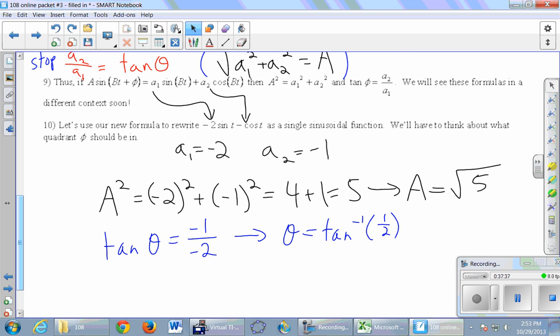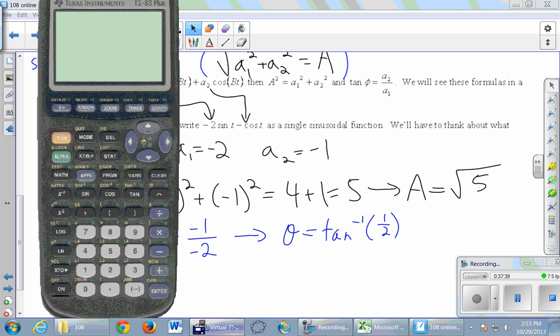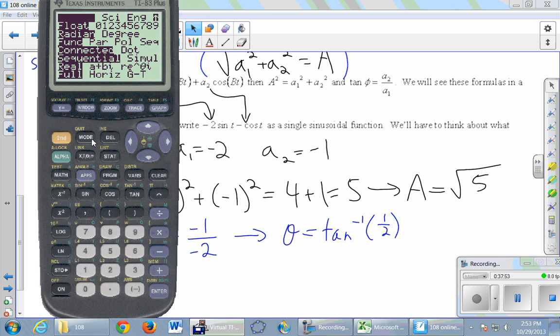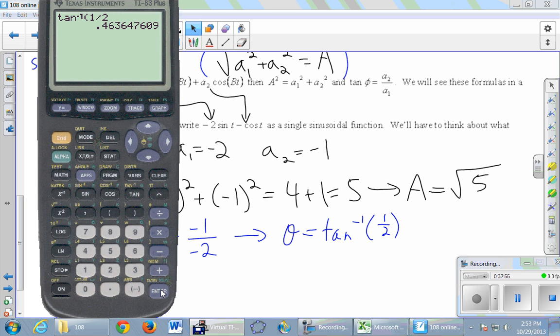Those negatives cancel. So we're doing inverse tangent of a half, and let's go ahead and be in radian mode for this problem. And we get 0.4636, so that's theta.